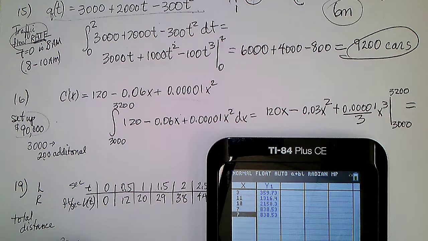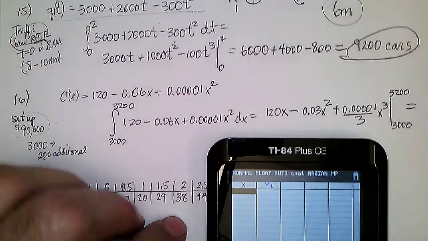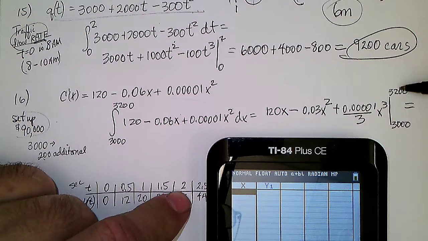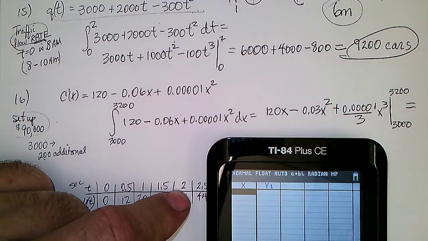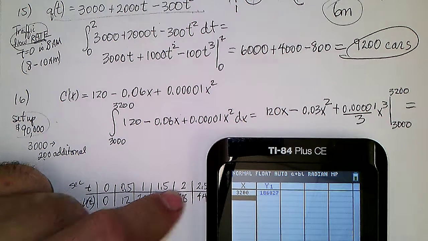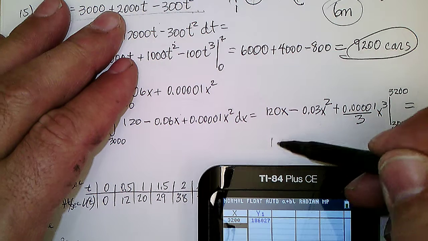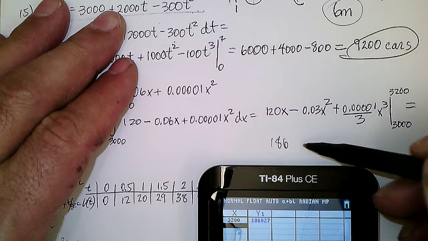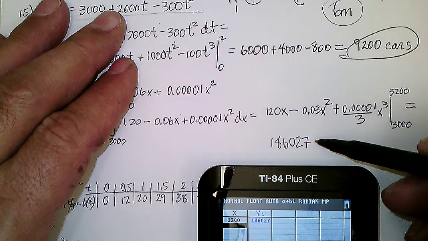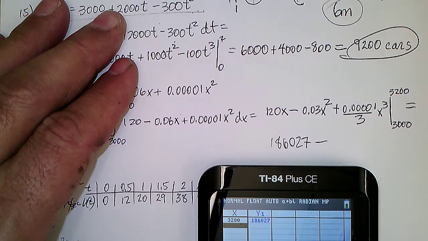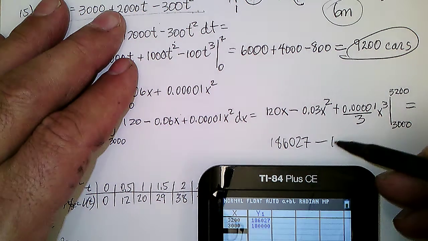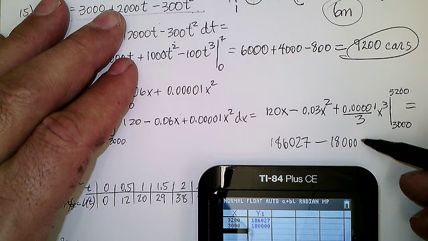What is going on here? Delete that, delete that, delete that, delete that, delete that. There we go. So I want to put in 3,200, and that is 186,027 minus, and then put in 3,000, and that's 180,000.